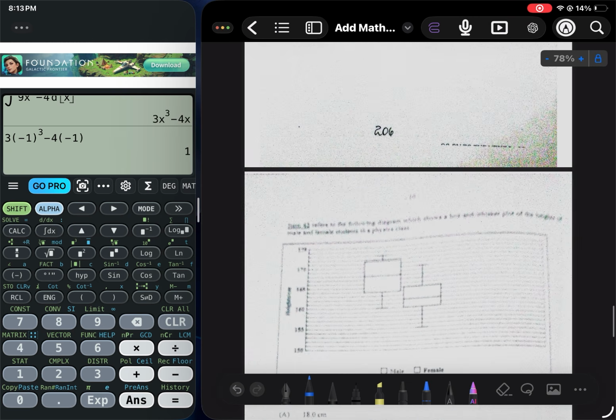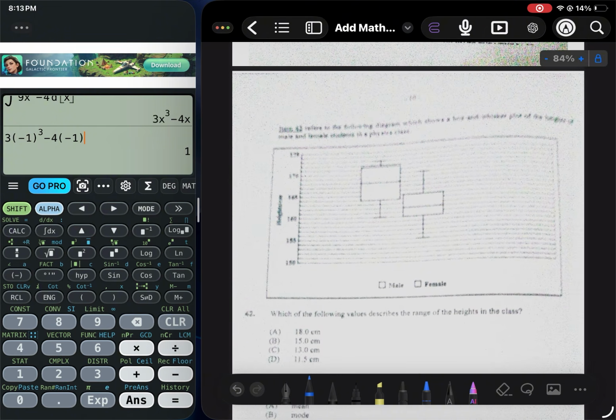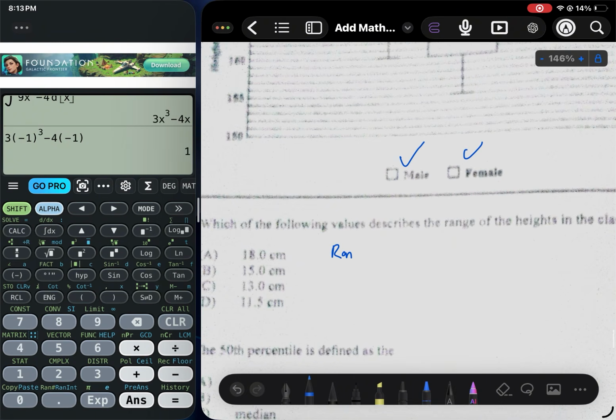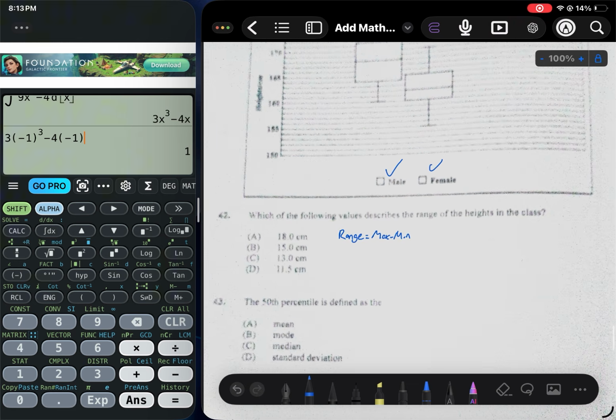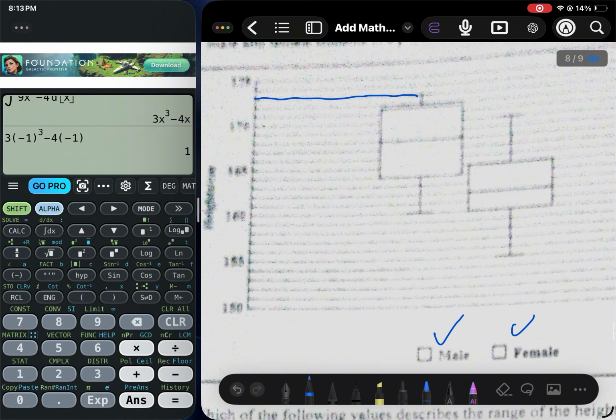Item 42 refers to the following; can't really see that, but this is a box and whisker plot of male and female. Which of the following values describes the range of the height in the class? So you know that the range is equal to the max minus the minimum. Our maximum value would be here, and our minimum value would be here.